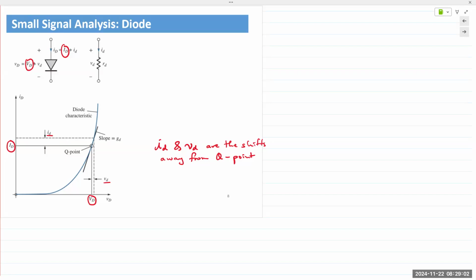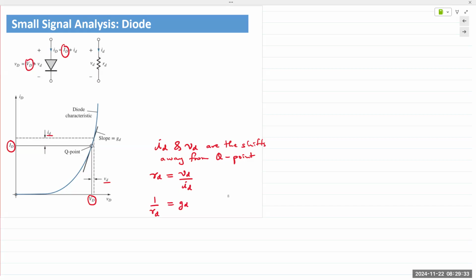And if we can treat it as linear, we can first write out the diode resistance from Ohm's law. And that would be VD over ID, the shift away. If we take the inverse of this diode resistance, that gives us the conductance GD.